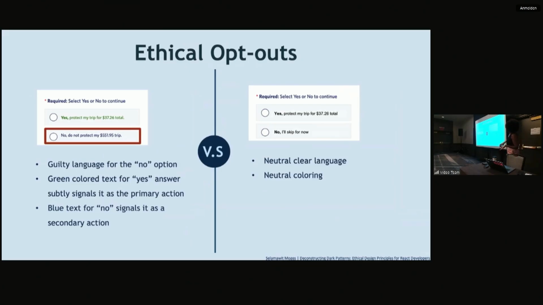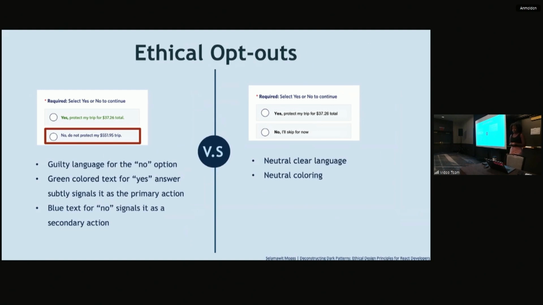If we compare that to something like, yes, protect my trip, or no, I'll skip for now, this side has neutral, clear language and neutral coloring. This is the ideal situation of having an ethical opt-out as opposed to something that's guilting the user into a specific action.